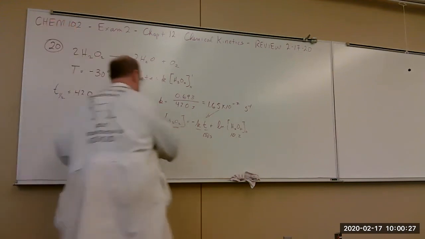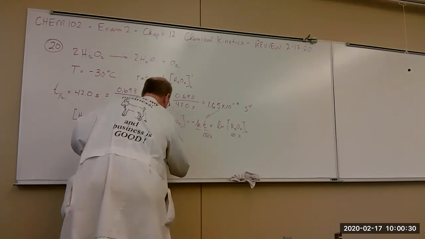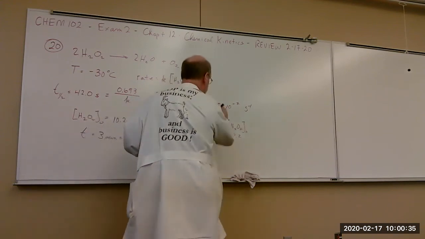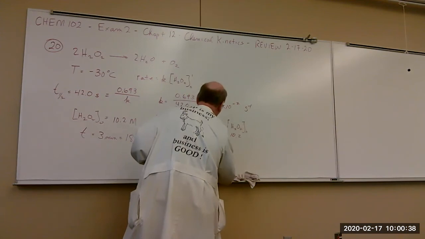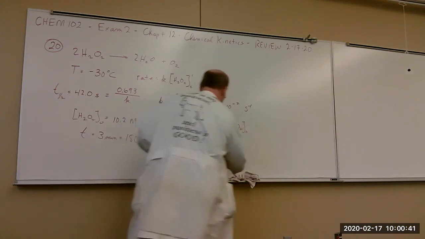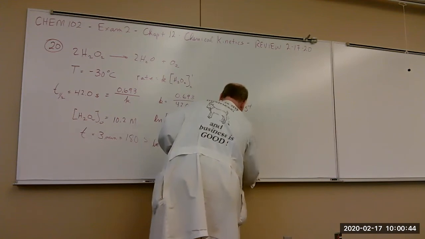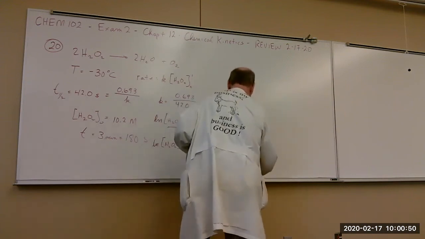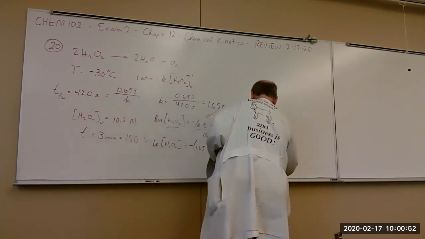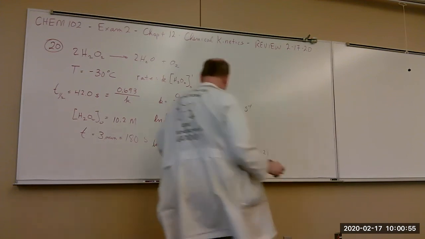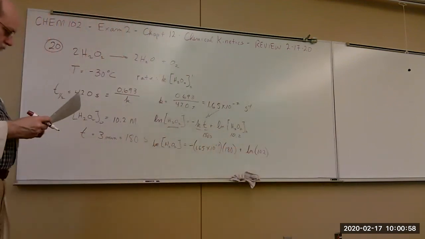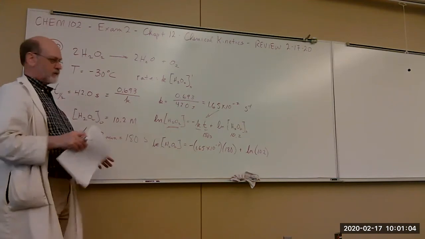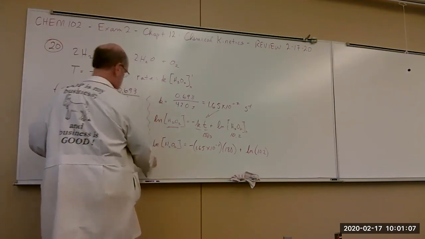So we set it up like this: minus the k, times the time. I left out the seconds because this second cancels that second, so we don't need it. And then the natural log of 10.2. There we go. Everybody okay with the setup? Okay.